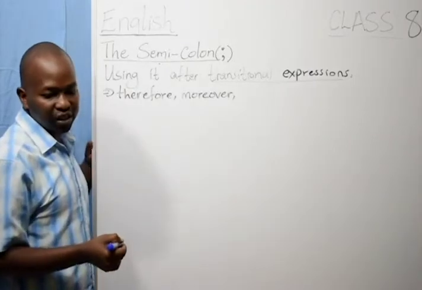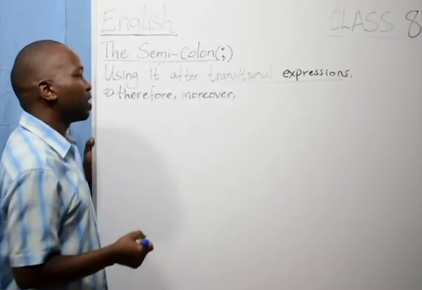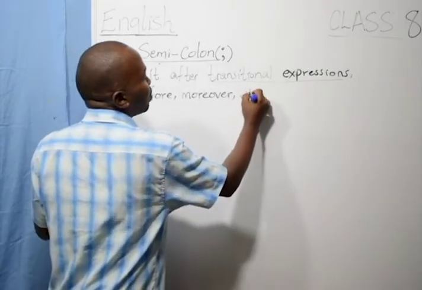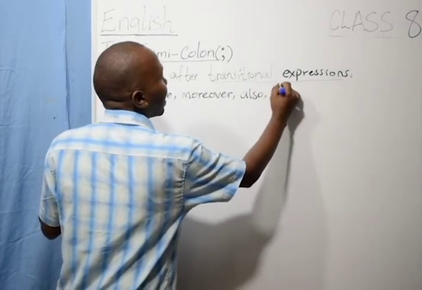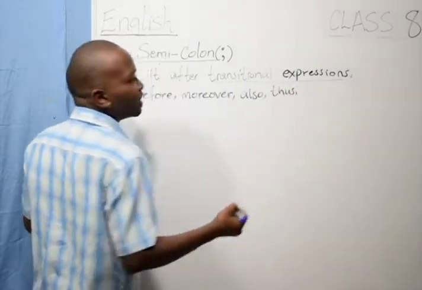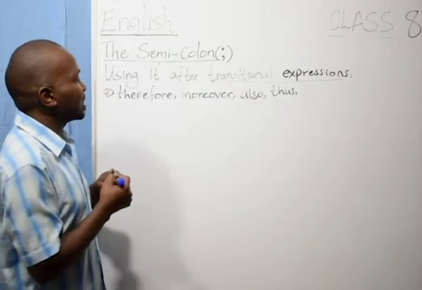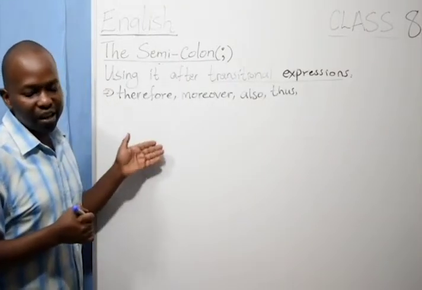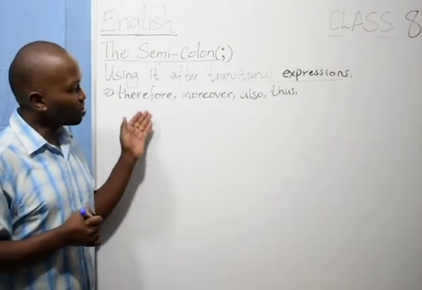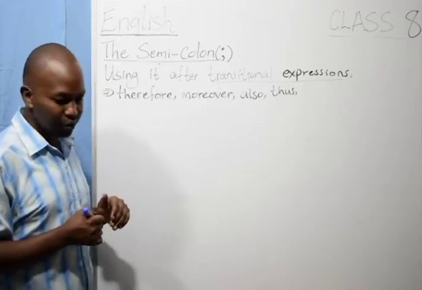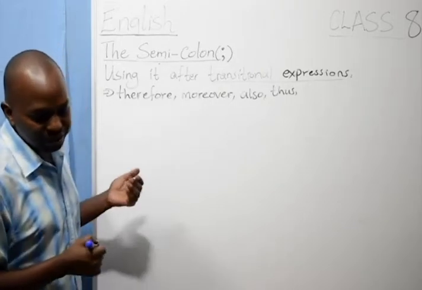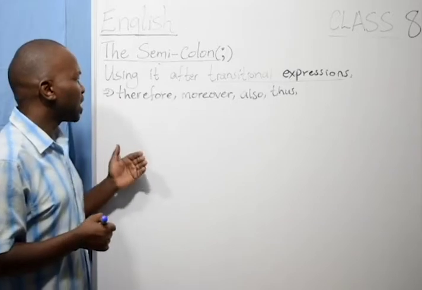Another transitional expression that you know. Also. Thus. In addition to. So these are just a few examples of what you may refer to as the transitional expressions. So how do you use it?